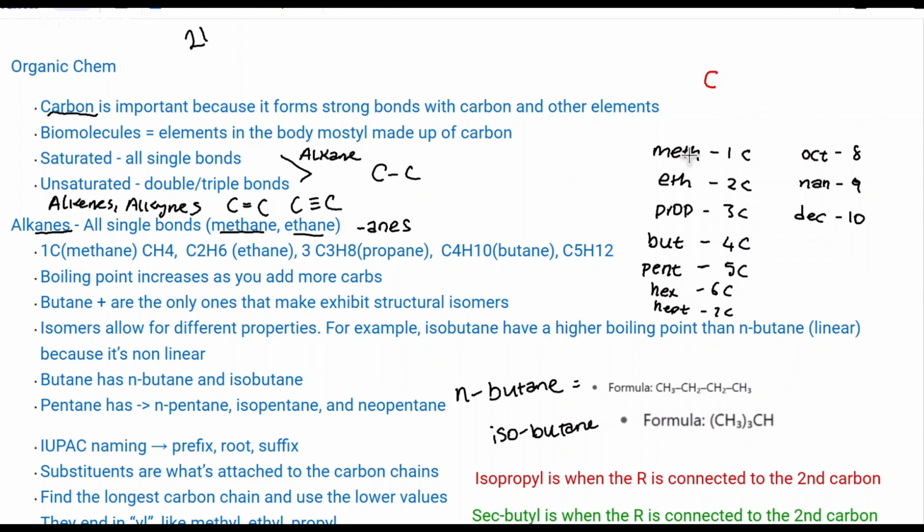The n is the number of carbons, so methane is n equals 1, ethane is n equals 2. The H is determined by 2 times n plus 2.